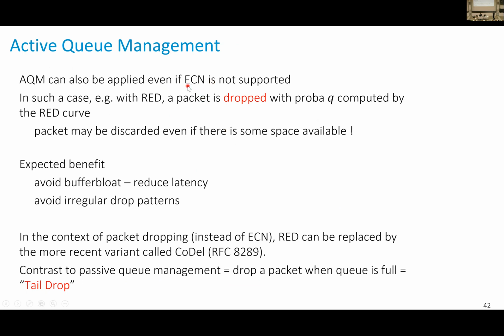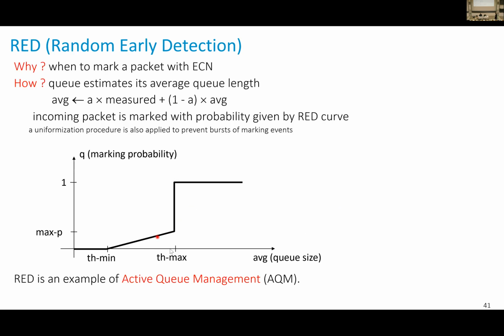In fact, even if you don't have ECN, RED is used to give the drop probability, not the marking probability. Now that seems counterintuitive. Why would you decide to drop a packet if the queue is not full? This seems paradoxical, but there's a good reason for that. The reason is, again, to avoid the buffer bloat syndrome.